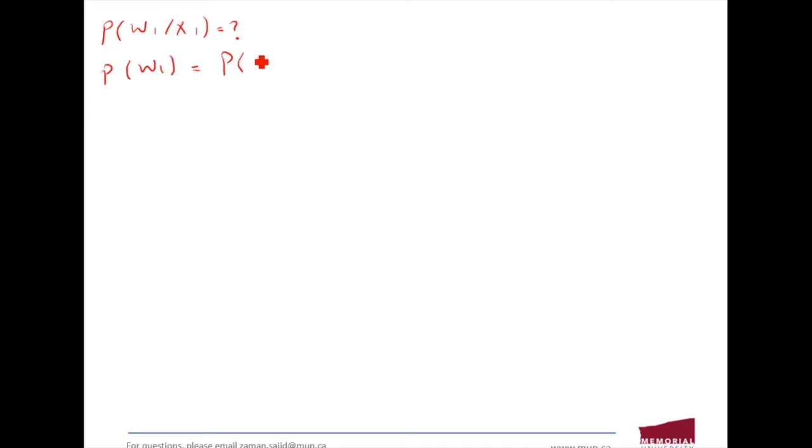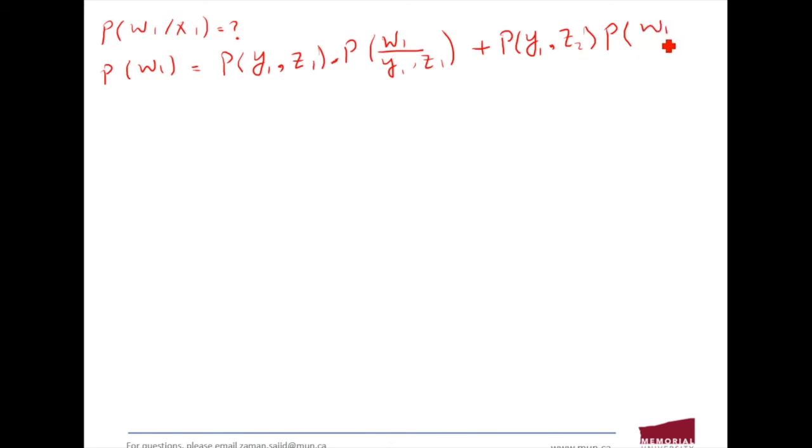It will be the probability of Y1 and Z1 times the probability of W1 given Y1 and Z1, plus the joint probability of Y1 and Z2 times the probability of W1 given Y1 and Z2.